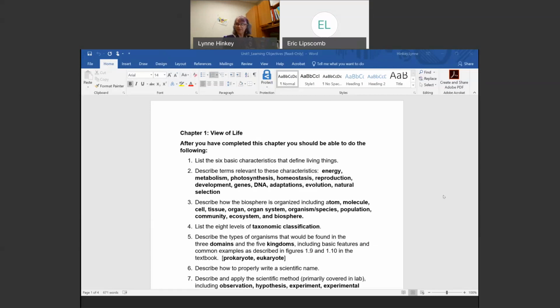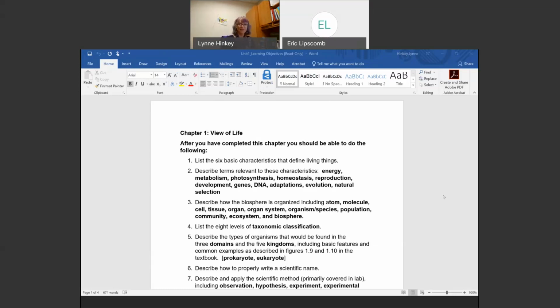We start with atoms, and atoms come together to form molecules. Molecules come together to form all the different components of cells, and cells that perform a similar function come together to form tissue. Different tissue groups come together to form organs. Organs involved in the same process come together to form an organ system.